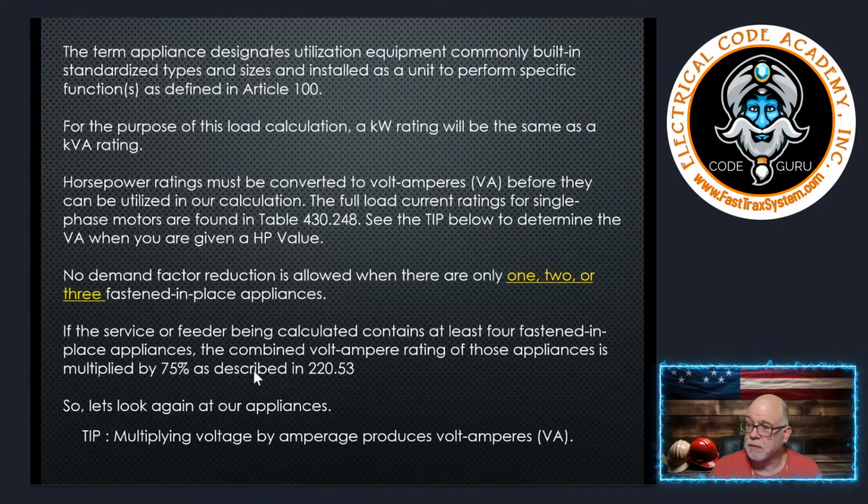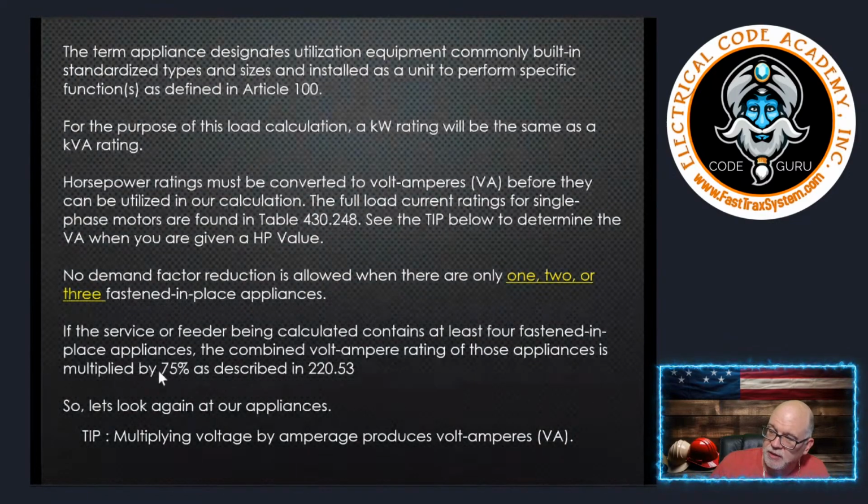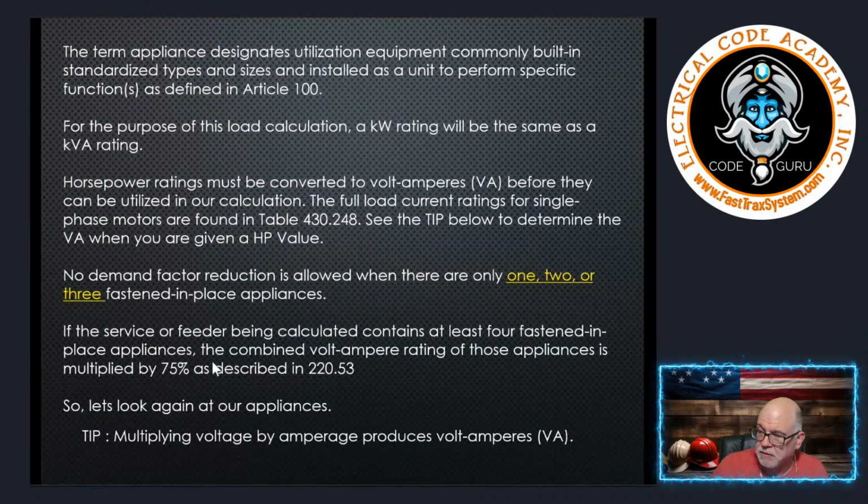It's not, okay? All right, so if it is fastened in place, then we get to apply a 75% demand to that, okay? All right, remember, how do we get the VA? You multiply voltage by the amps. You should know that by now, but I just want to make sure that's clear.